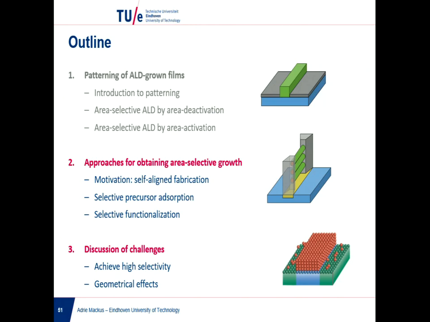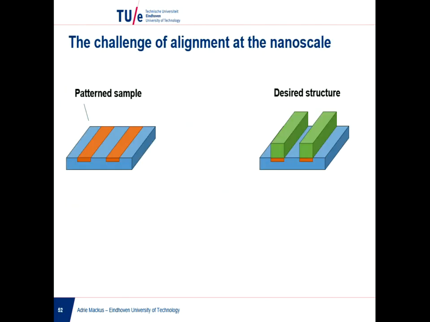So, alignment. First we talk about the challenge of alignment at the nanoscale. This is currently one of the main motivations for why there's a lot of interest in area-selective deposition. Let's go over that in a little more detail. Let's say that you want to make a structure like this.